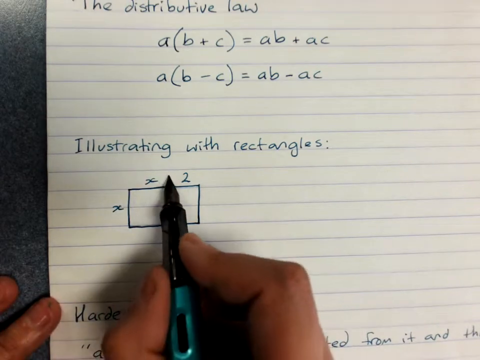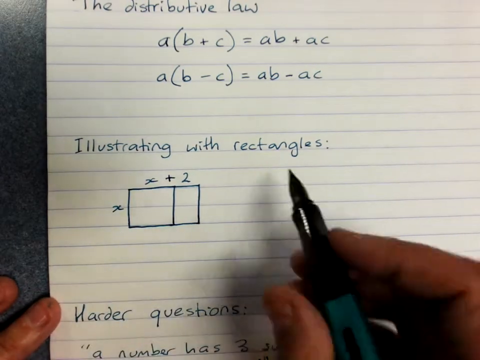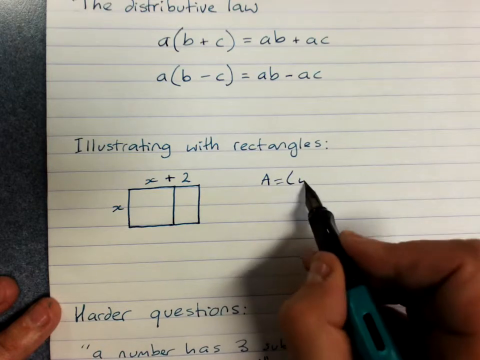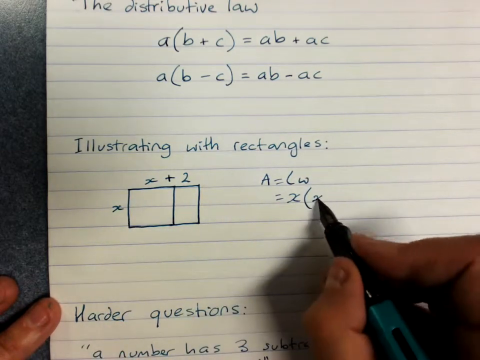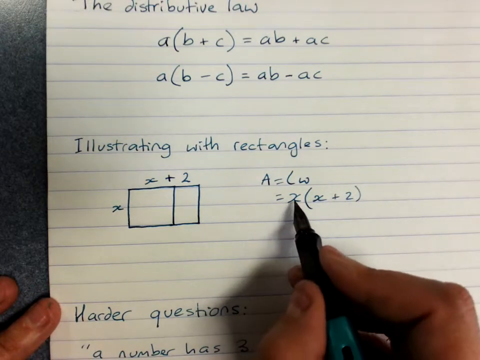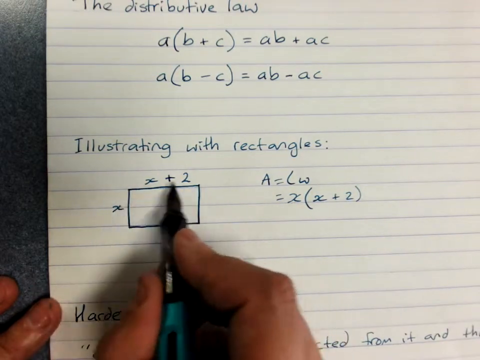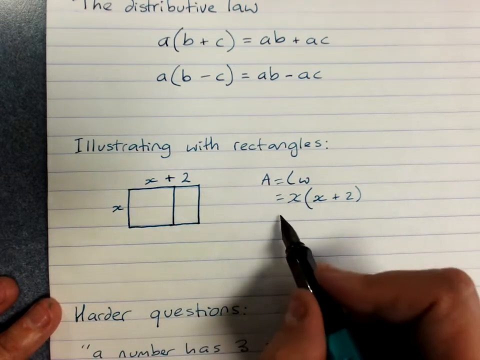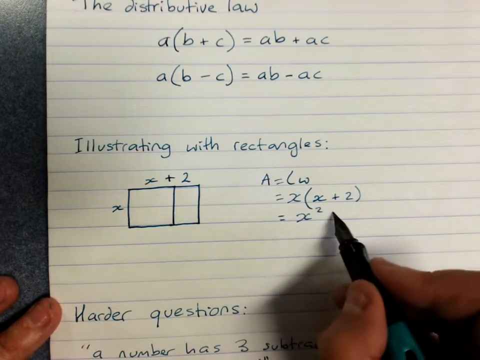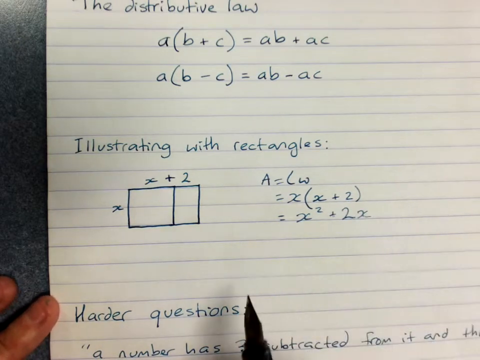This whole side length is x plus 2, and since area is length times width, that will be x times x plus 2. And we have to multiply x by this whole expression here, x plus 2, so we use brackets. And so this area is x squared plus 2x.